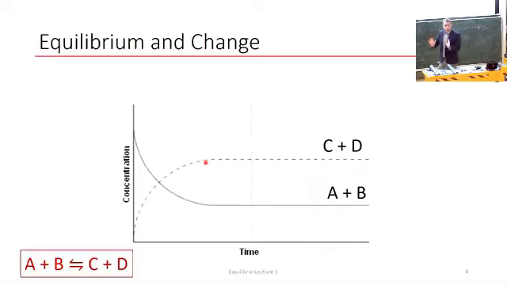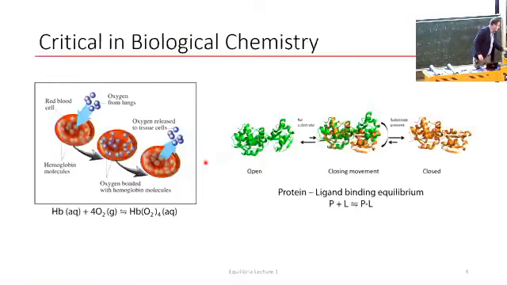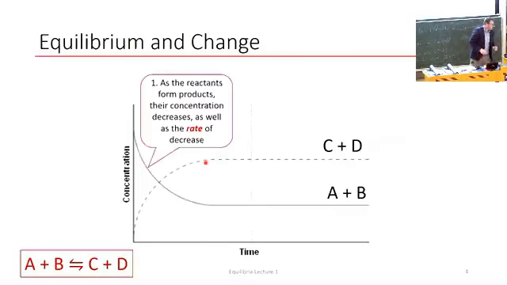So this, I hope, is blindingly obvious, but it's really just saying that we can start to map out different points on this graph. We can say that as the reactants form products, their concentrations decrease, as well as the rate of decrease. And this rate is something we'll come back to.